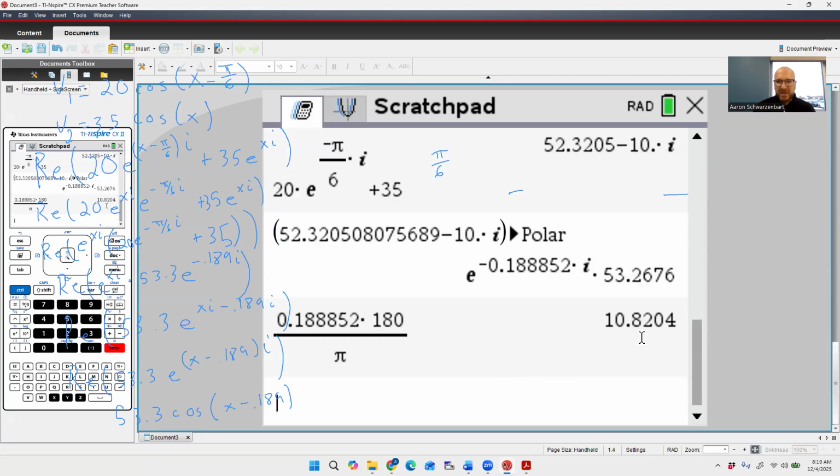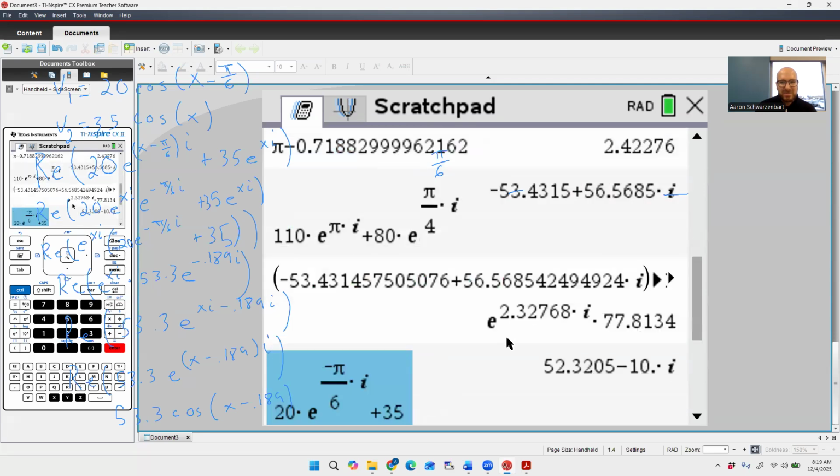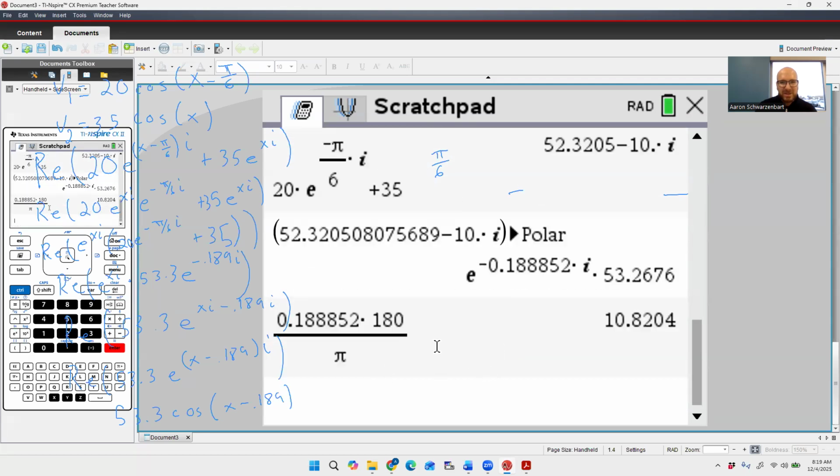Oh, we have a very different angle. That's interesting. 10.8 is very different than 19.2.